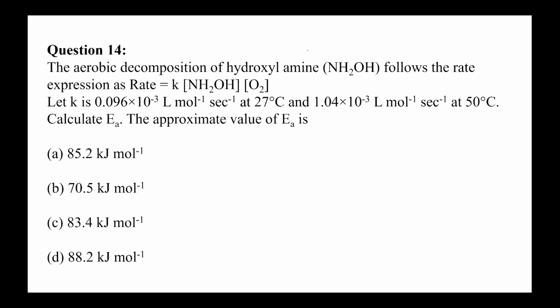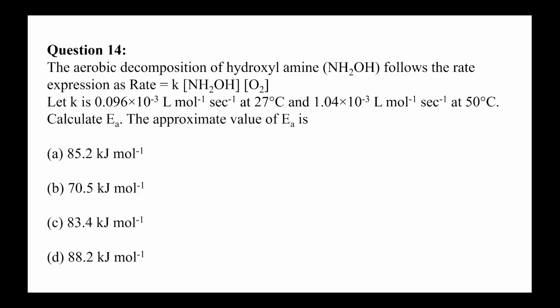Let K is equal to 0.096 into 10 raised to the power of minus 3 liter per mole per second at 27 degrees Celsius and 1.04 into 10 raised to the power minus 3 at 50 degrees Celsius. Calculate the EA, that is the activation energy.